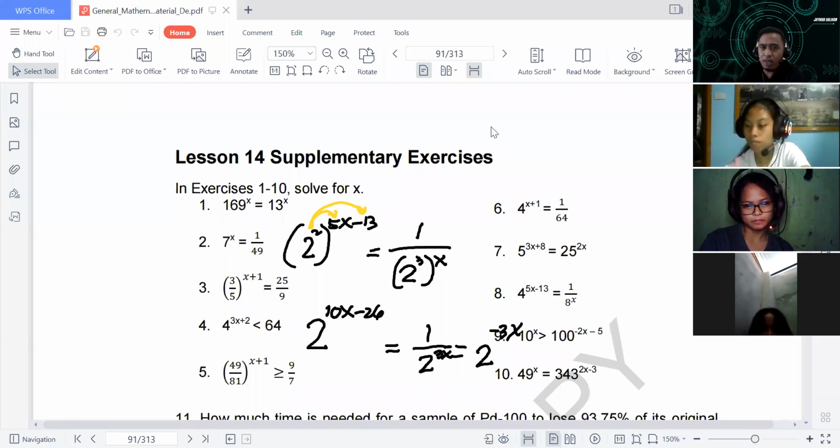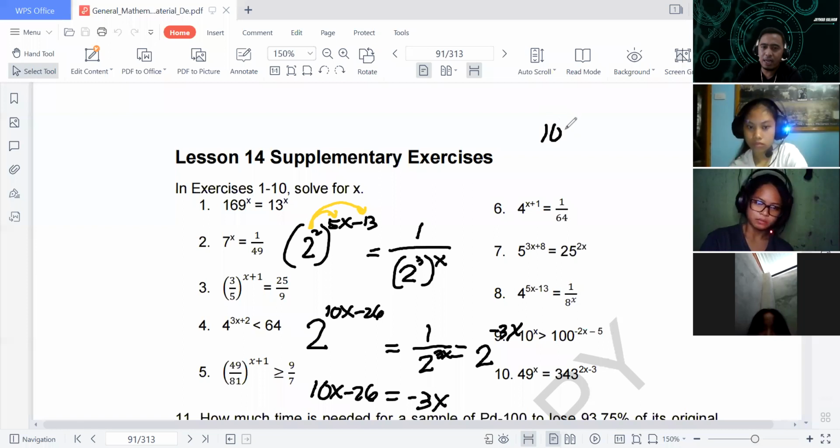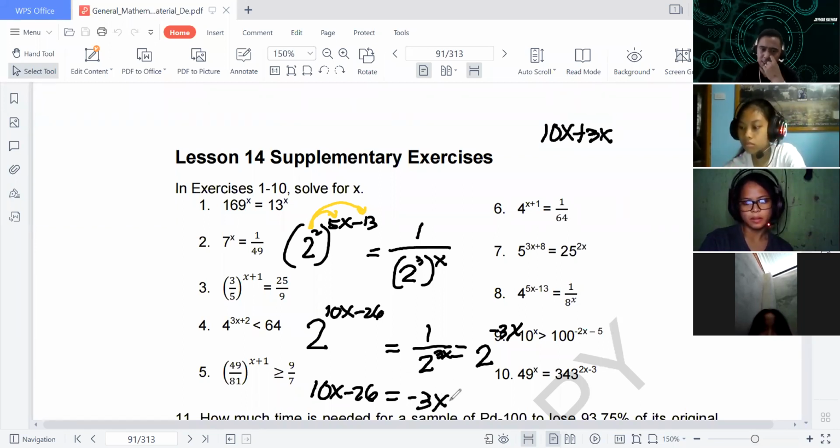So if you equate their exponents, it can be written as 10x minus 26 equal to negative 3x, right? You can transfer 3x to the other side and the 26 to the other side. That will be 10x plus 3x, because if you transfer it, it becomes positive, and the negative 26 becomes positive.